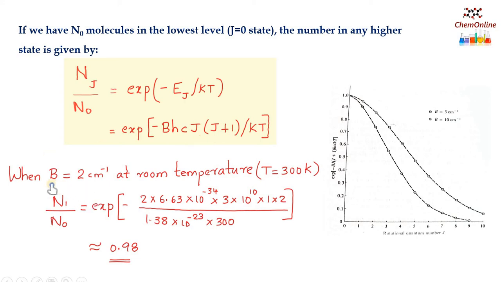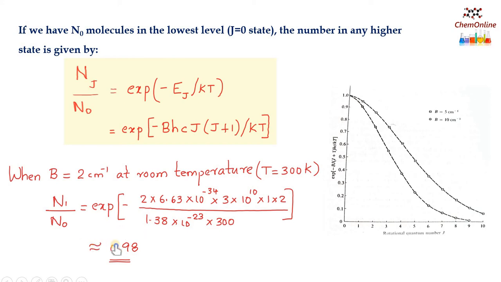For example, with J equals 1, let B equal 2 cm inverse at a room temperature of 300 Kelvin. Then we can calculate the ratio N1 by N0 equals exponential minus the value of B, 2, into the Planck's constant 6.63 into 10 raised to minus 34, into the velocity of light 3 into 10 raised to 10 centimeter per second, into J into J plus 1, so 1 into 2, divided by 1.38 into 10 raised to minus 23, the Boltzmann constant, into temperature 300.